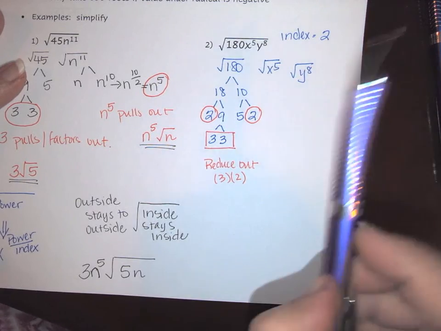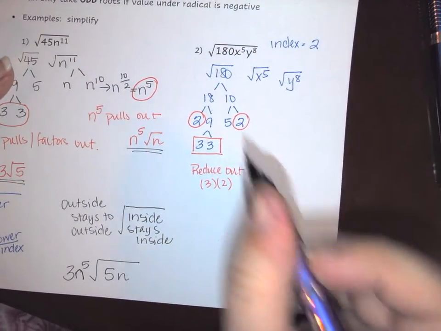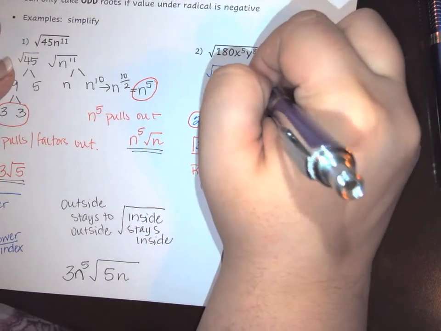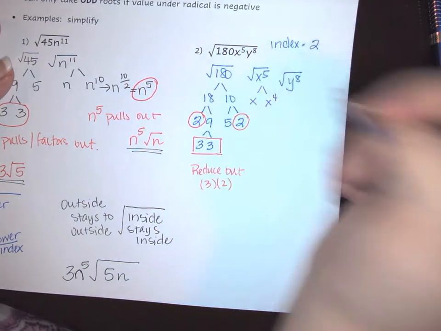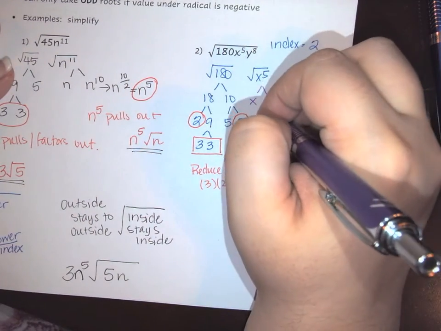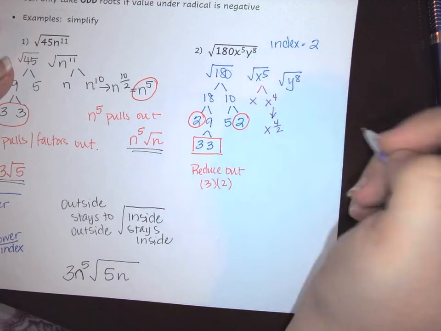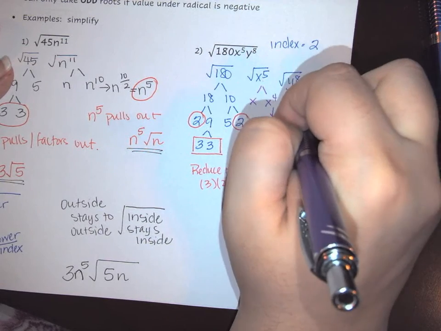We need to do the x to the 5th, so it's going to be the same thing. If we first look at this, 5 divided by 2 is not even. So we have to play the reduce game, so this becomes x and x to the 4th. If we take a look at x to the 4th, notice we would have x to the 4 over 2, which is going to give us x squared.